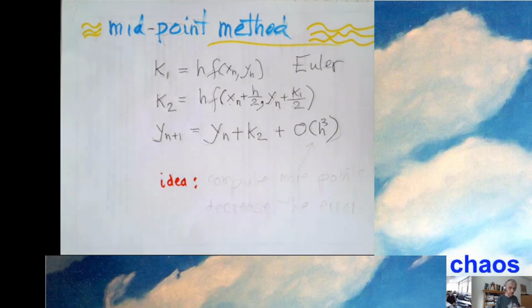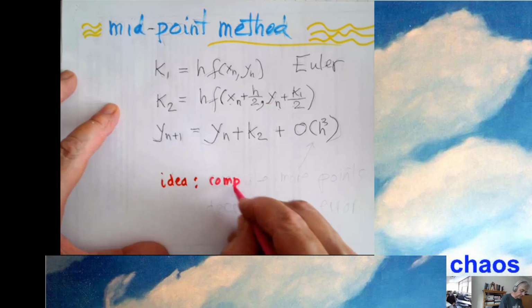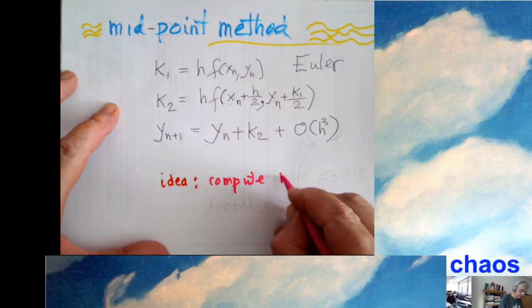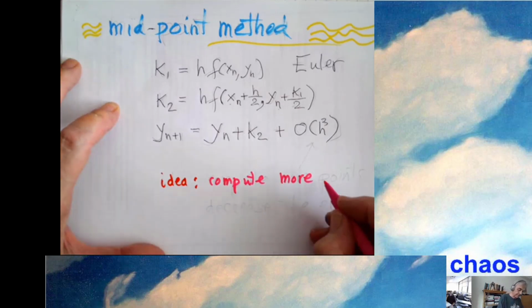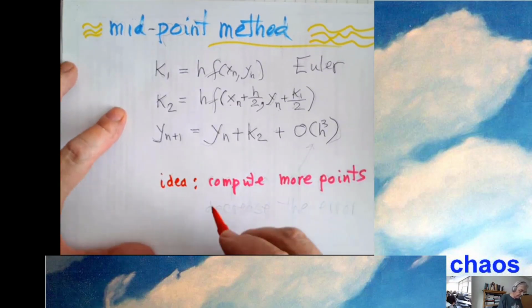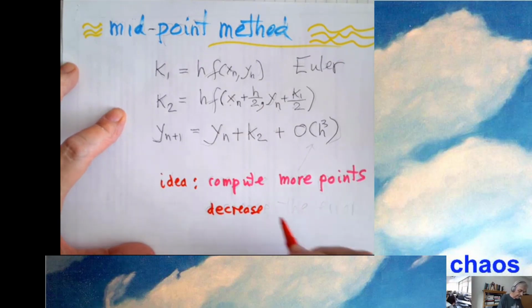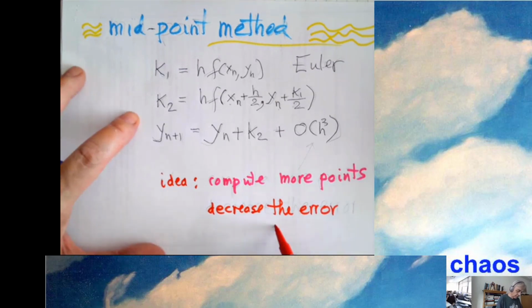So the price is you compute more points. In this case, 2 points rather than 1. By point, I mean compute velocity at 2 states of the system. But you're rewarded by decreasing the error as order of this time step.